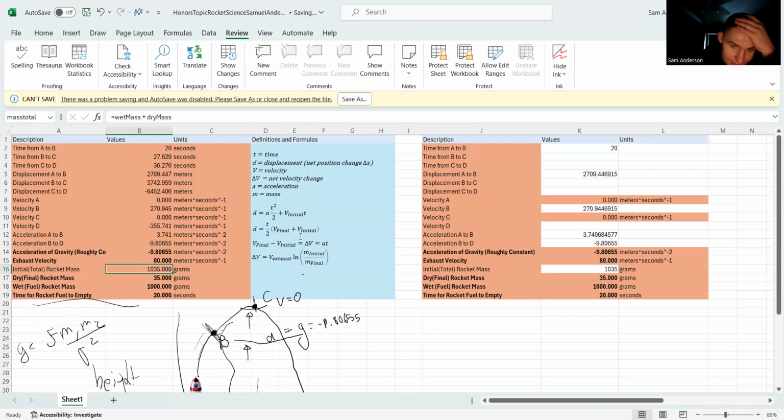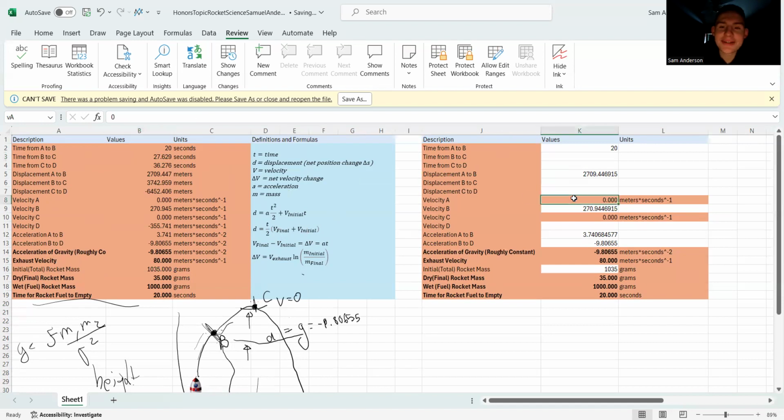The answer is yes. We can find, no, that's not true. I'm having a conniption fit right now. You have delta displacement. What did I find first? I will look at my, this is what the previous spreadsheet's for. Velocity C minus velocity B over gravity, time, delta V over gravity.